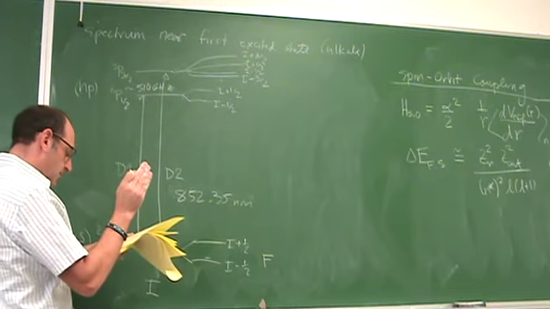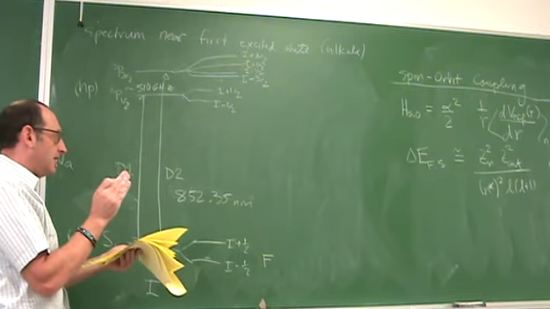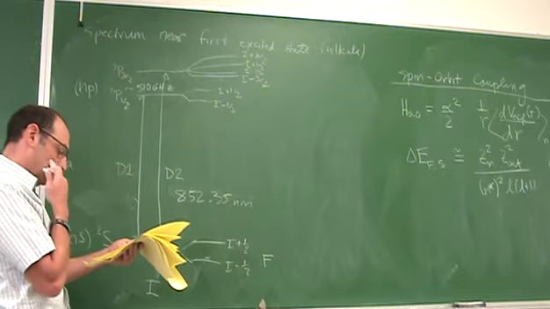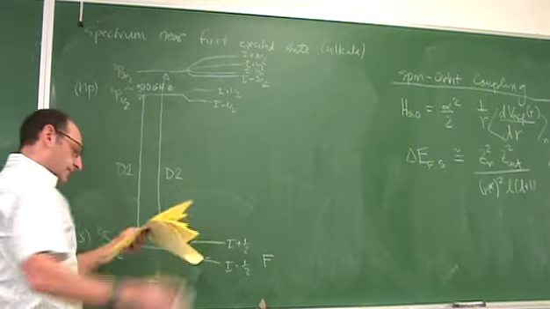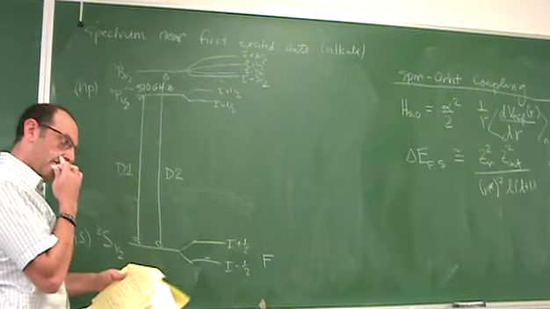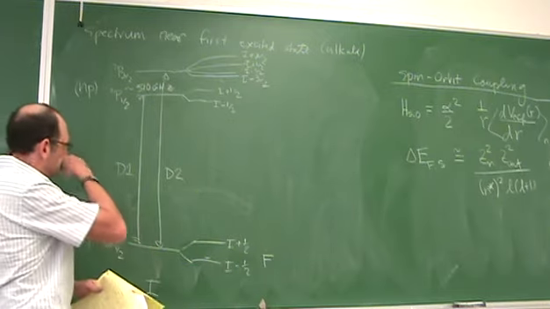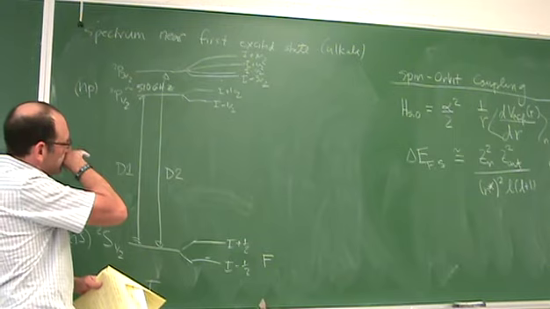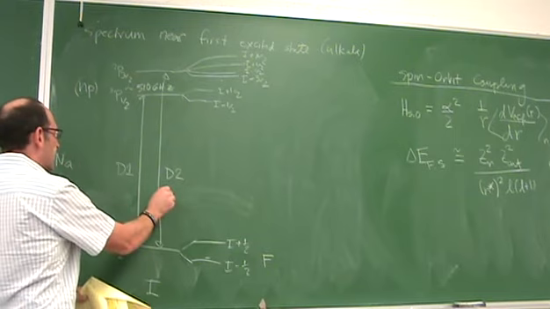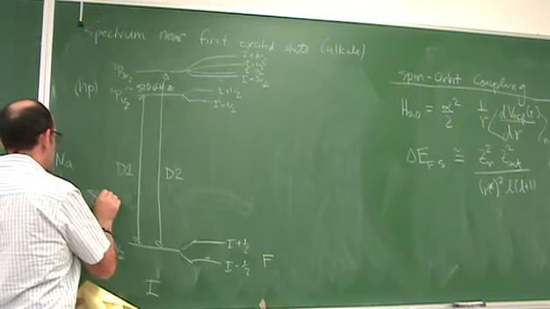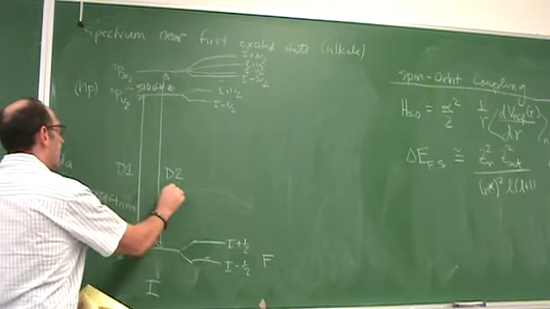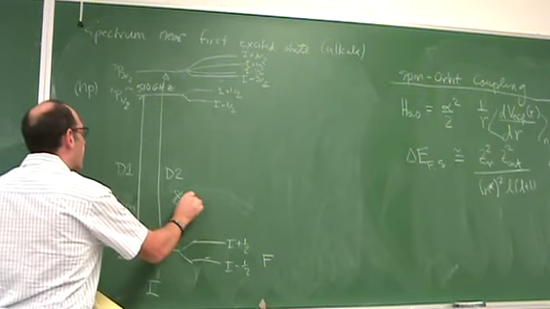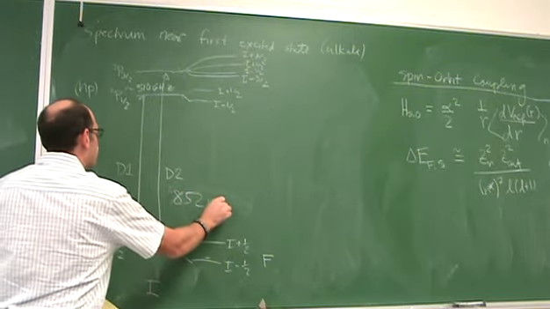The D1 line, no, it's 892, isn't it? Boy, I can't believe I don't remember that. I thought it was like 894 or 895 for D1. 894 for D1, and D2 is like 852. Okay, yeah, that's right. Thanks, Andy.